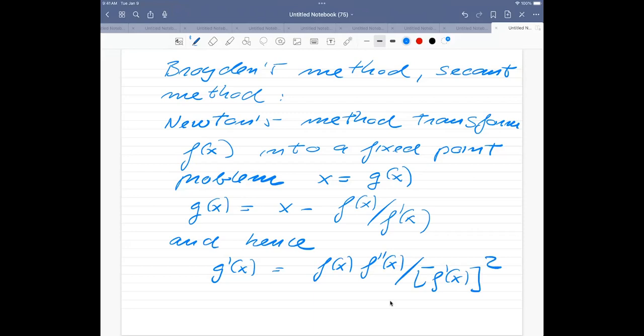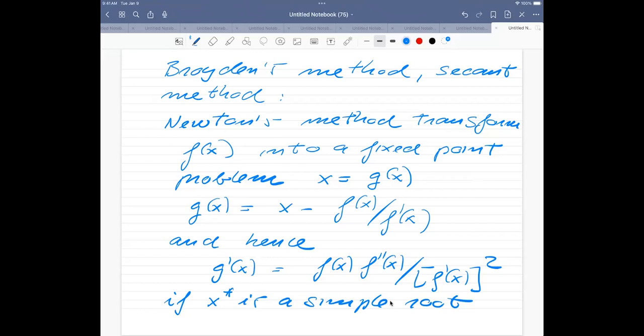If we find a specific root, if x star is just a simple root, then the first derivative of this function g has to be equal to 0. And then we say that the convergence rate is quadratic. The iterations have to start close enough to a root in order to converge.